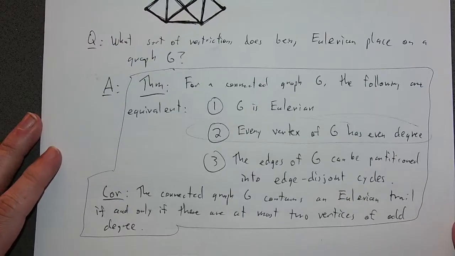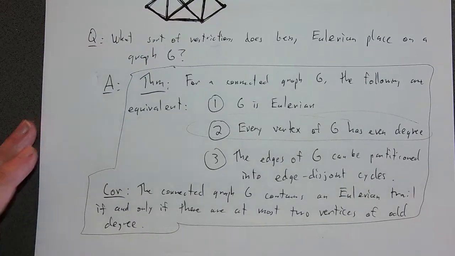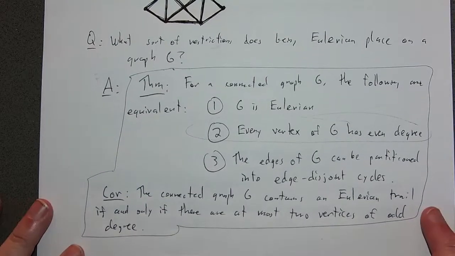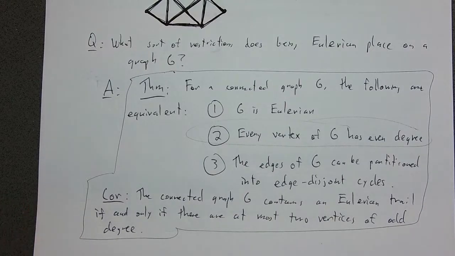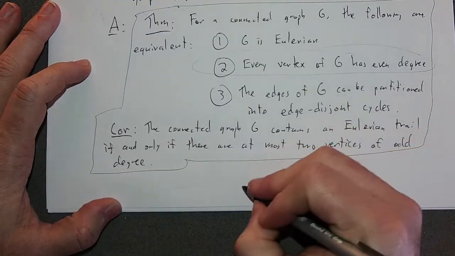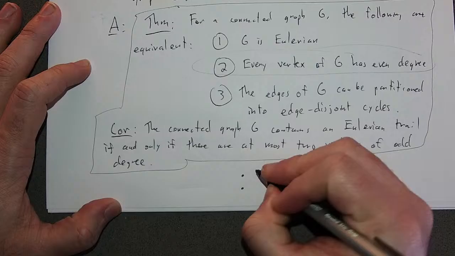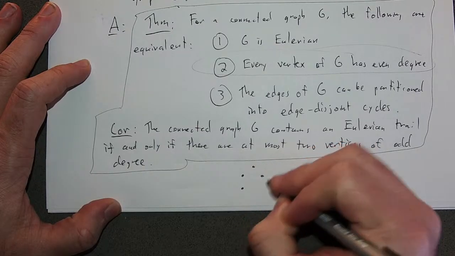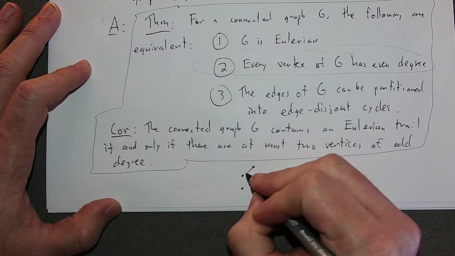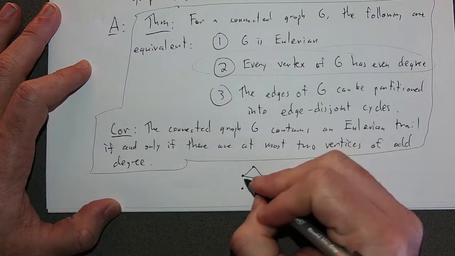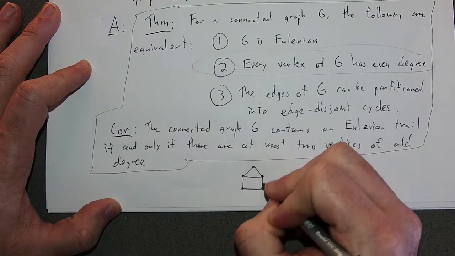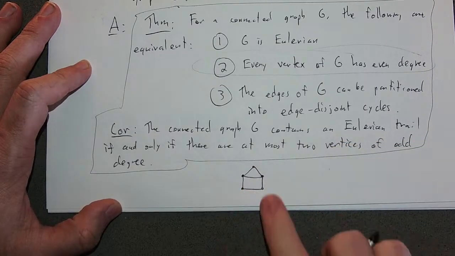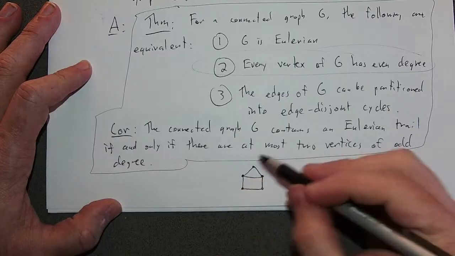This corollary also put a restriction on not just an Eulerian graph, but even a graph containing an Eulerian trail. This was different because, for instance, we had this example. Maybe I'll just quickly draw it. Again here, this house, on 5 vertices, we had this example where this is not Eulerian because it doesn't contain an Eulerian circuit, but this does contain an Eulerian trail.